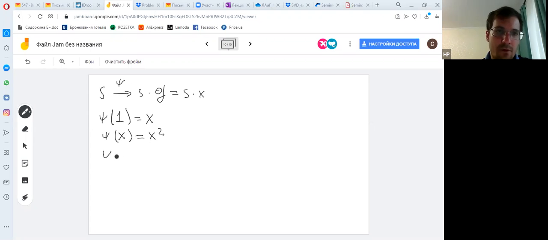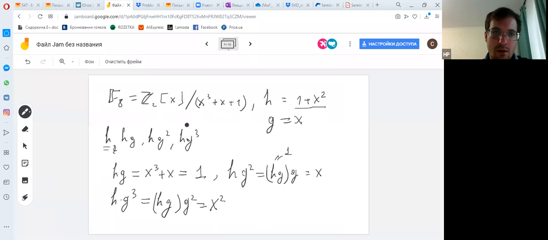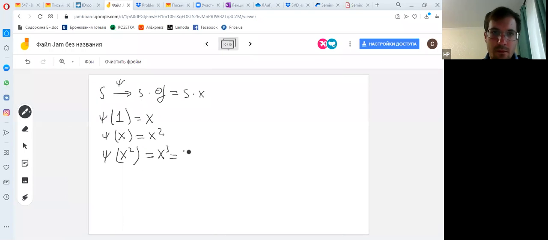And psi from X squared equals X in the third power, but X in the third power in our field equals X plus 1. So we obtained this psi. This is the definition of psi.